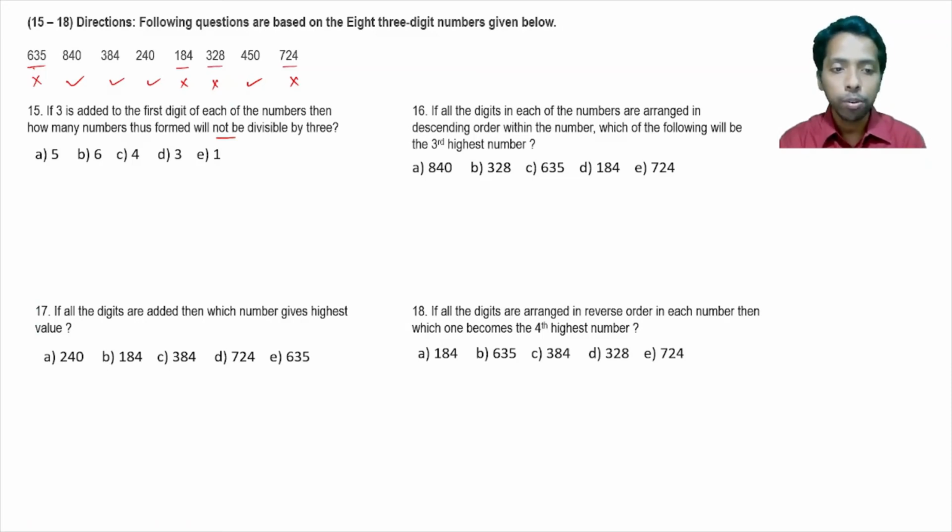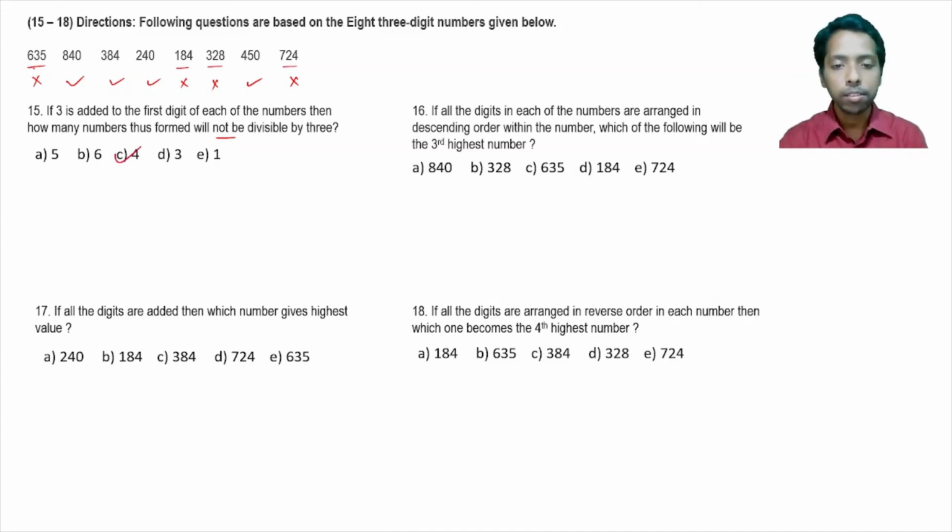And 184, 189, 4 is extra. 4, 3 also not divisible. 3 is divisible, but 8 plus 1, 9, so 1 is extra. 3 is already divisible, so 1 is again extra. So 724, 7 to 9 and 4, that means 1 extra. Again 3 is here, so 1 is extra. So that means there is no importance of checking the addition of 3 here. That means 1, 2, 3 and 4. 4 numbers would not be divisible by 3.